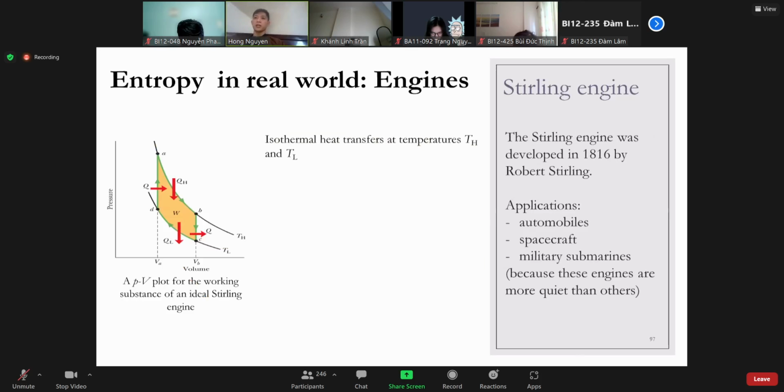Now we consider another engine, the Stirling engine. The Stirling engine was developed very long ago, in 1816, but we still use it until now in automobiles, in spacecraft, in military submarines, because these engines are quieter than others. So we still apply it.